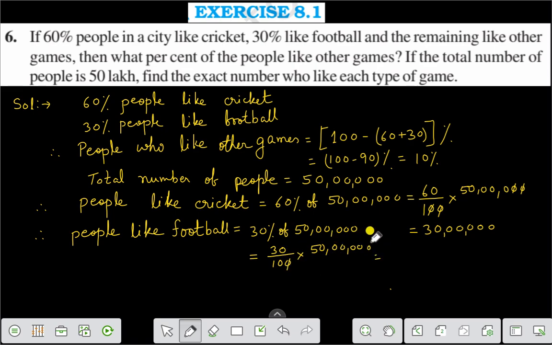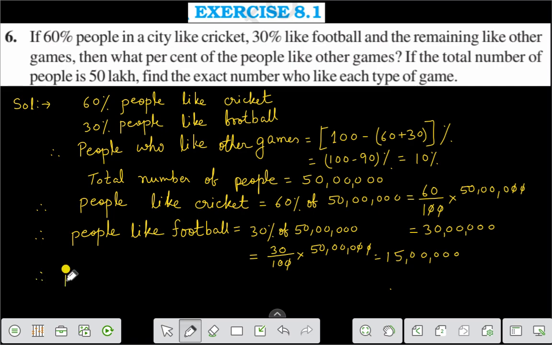Therefore, this 0 will cut and this 0. 3 5 is 15. 1, 2, 3, 4, 5. That is 15 lakh. And 10% like other games.